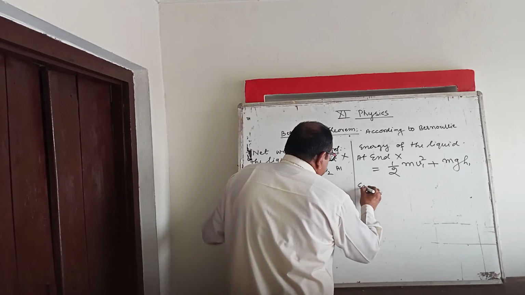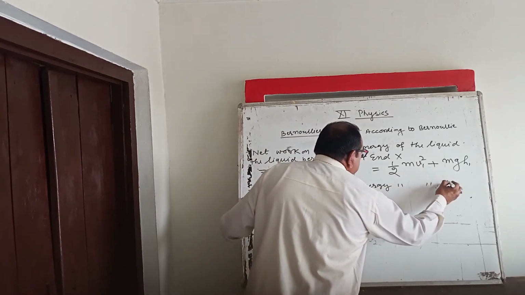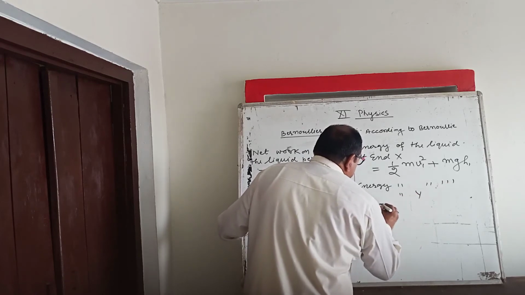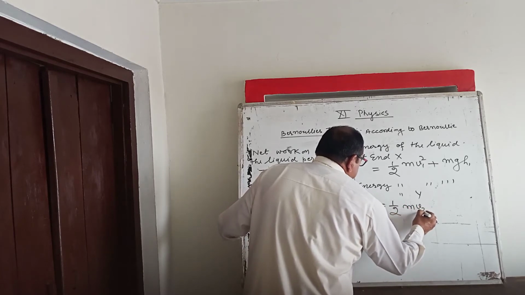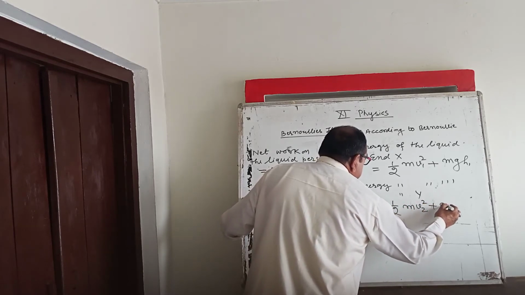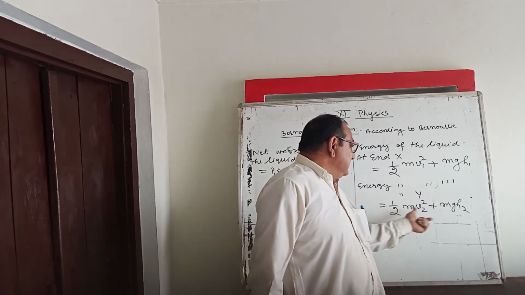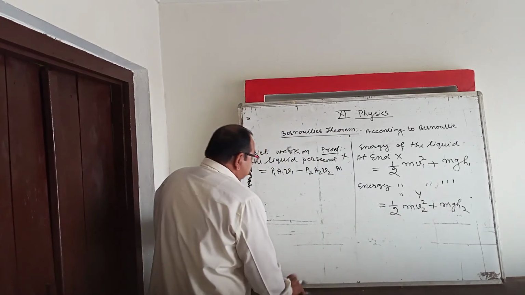Similarly, energy of the liquid at end Y is half m v2 square plus m g h2. This is your kinetic energy, this is your potential energy. So what is the change in energy?